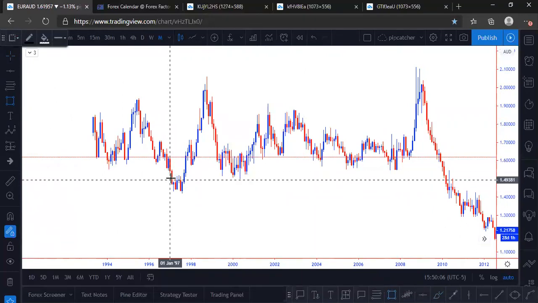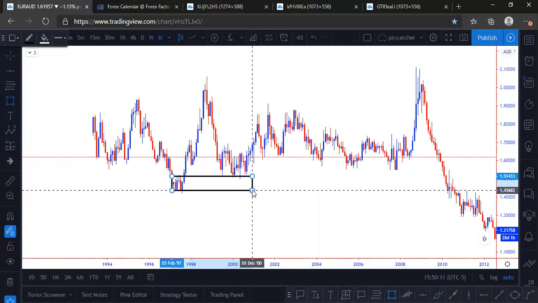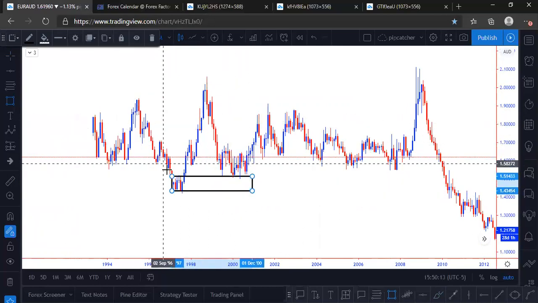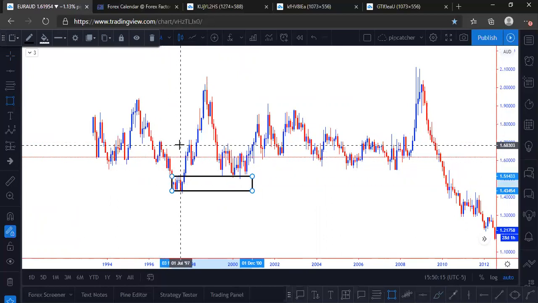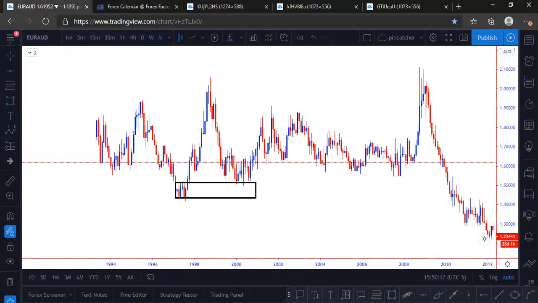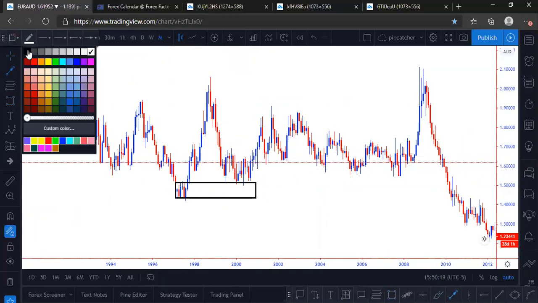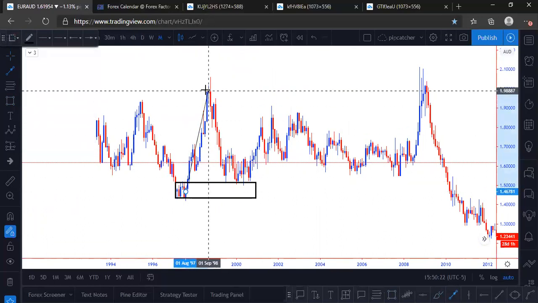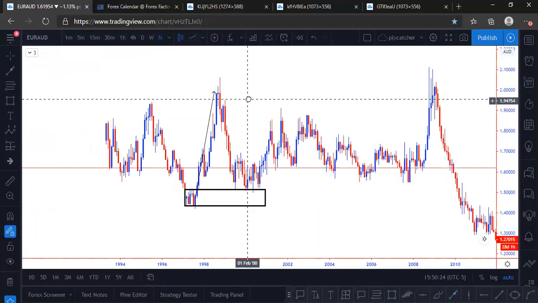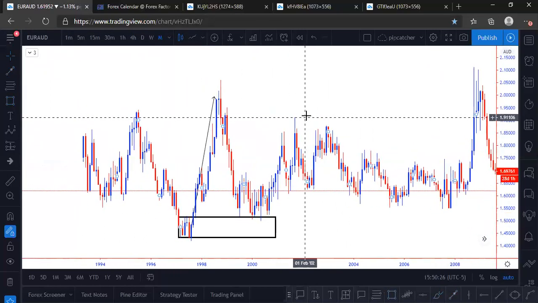We see that the market had been trading downwards, okay? And then all of a sudden we get this big old buying impulse, okay?